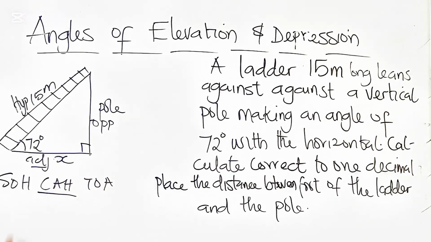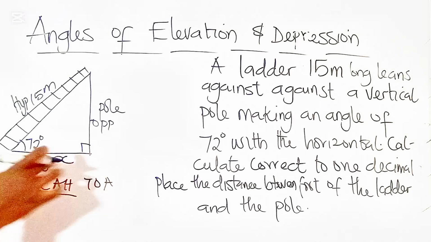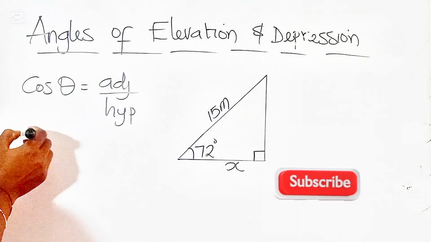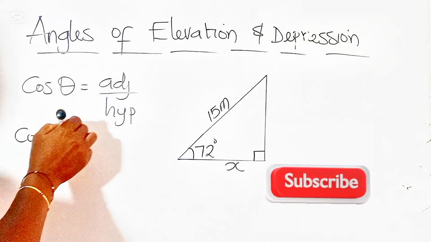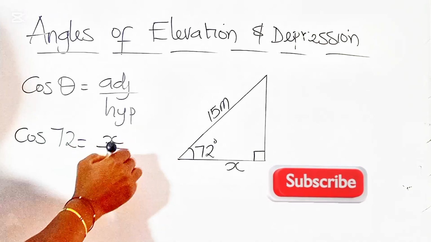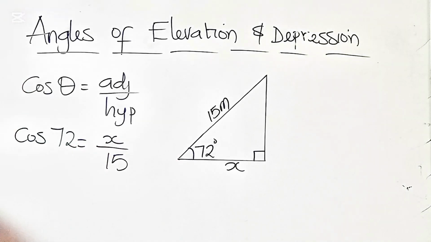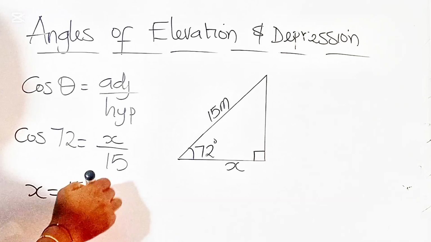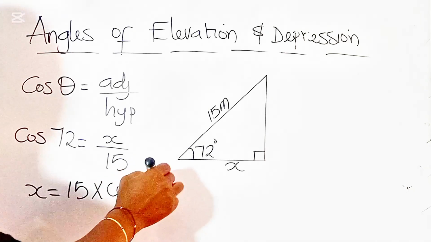So let's apply the cosine ratio in finding the distance between the foot of the ladder and the pole. So we have cos 72 is equal to the adjacent x all over 15. We cross multiply, we have x is equal to 15 times cos 72.